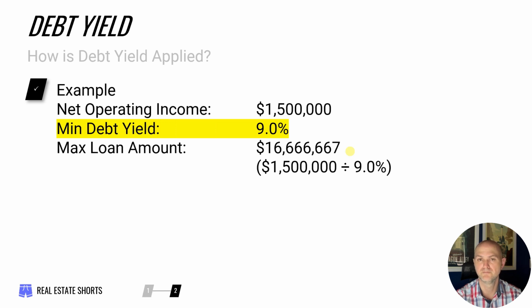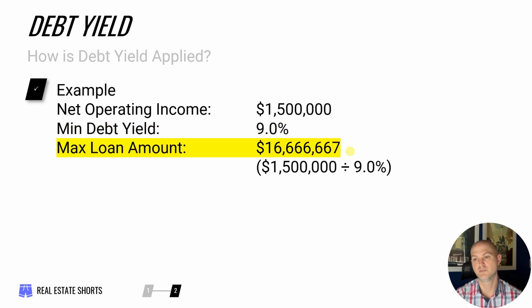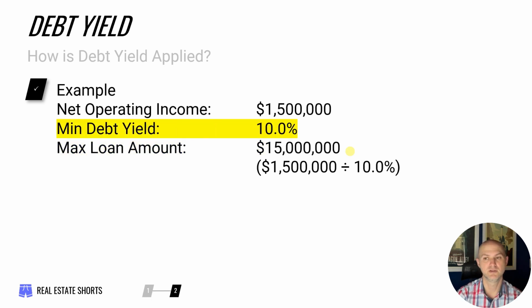So let's take a look at what happens as debt yield changes. So let's assume debt yield, instead of going from 9% to result in a $16 and change million loan, what if it goes up to 10%? So now $1.5 million divided by 10% gives us $15 million.